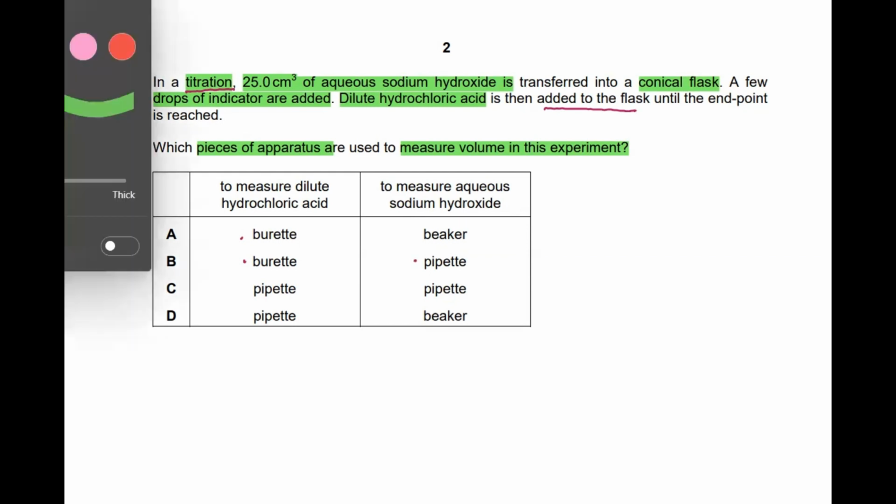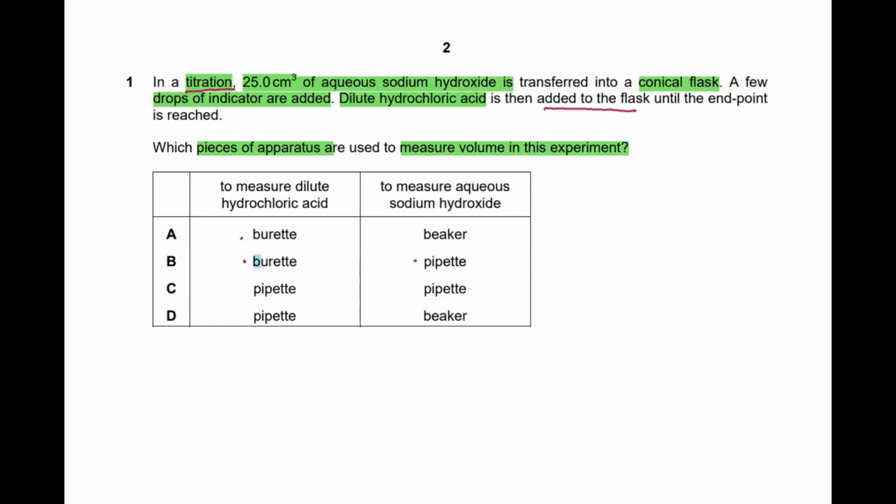So according to that, the correct answer is going to be B, right? Because it's a titration, so for accuracy, we are going to have pipette and burette for the measurement.